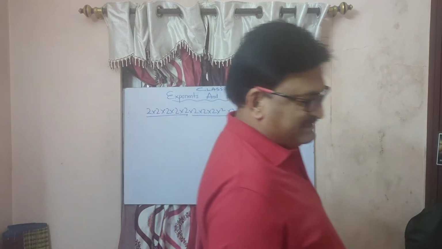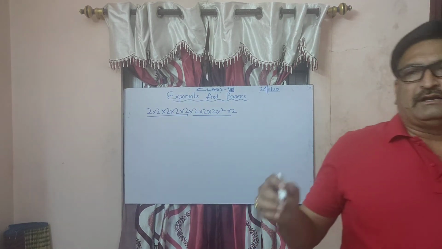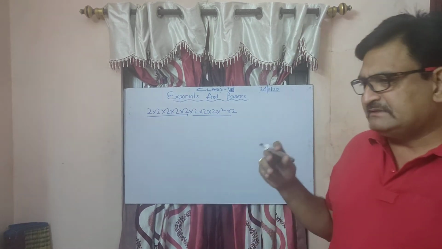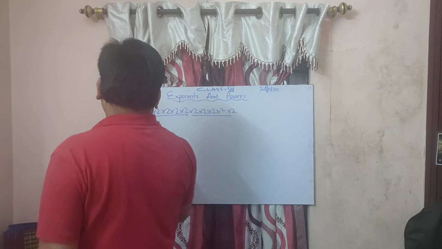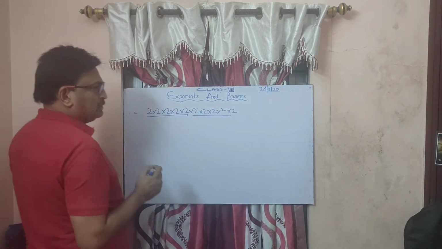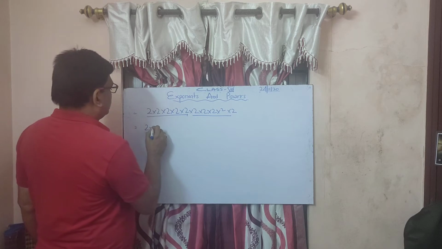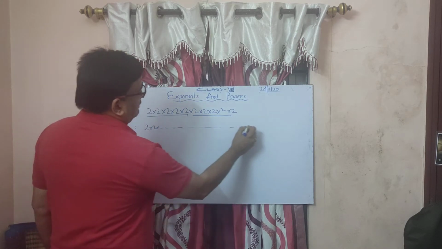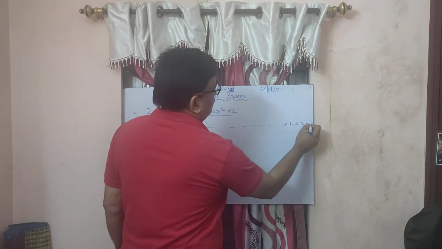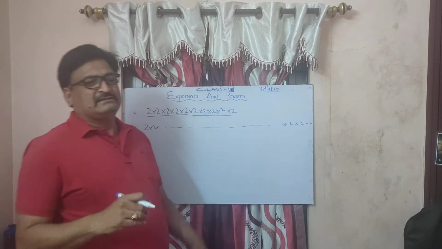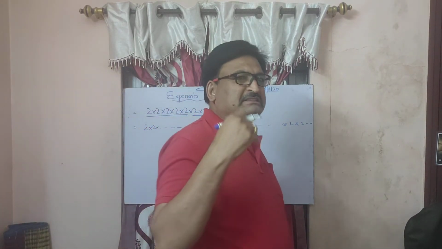You have space here. But if somebody says write 2 twenty times, how will you write? 2 into 2 into 2 into... we don't have space.